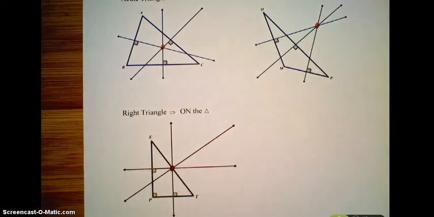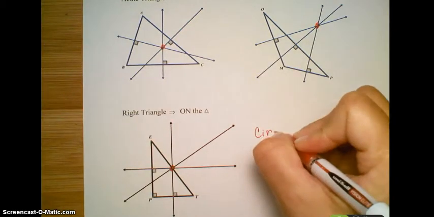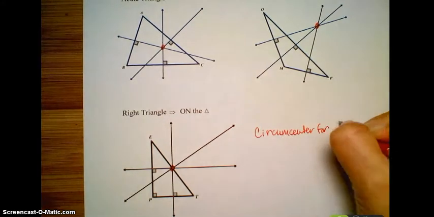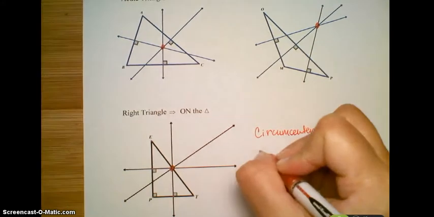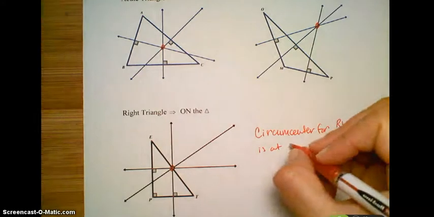It sits on the hypotenuse of the right triangle, and in fact, the circumcenter for the right triangle is at, anybody care to guess where it's located on the hypotenuse? Well, if you guessed it, you are correct.